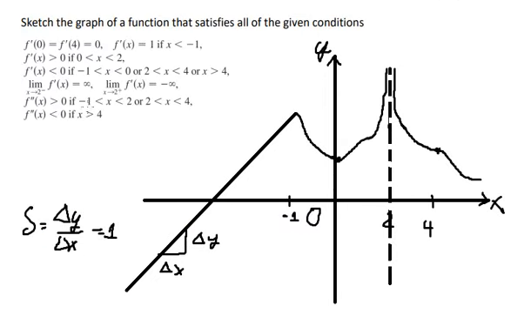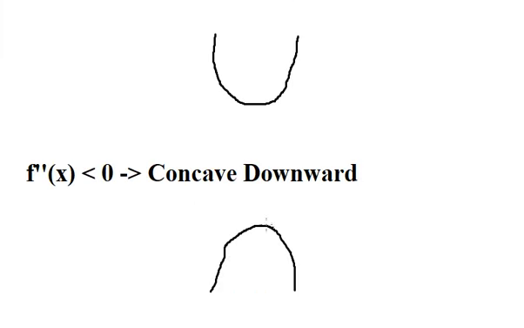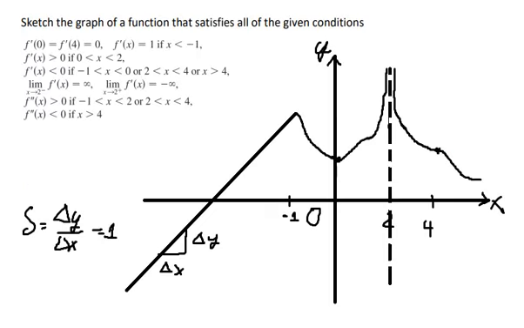From negative 1 to 2, if we look carefully, this graph is concave upward. From 2 to 4, we can see that this is concave downward. And the next one goes to 4, and the graph from this point should go like this.